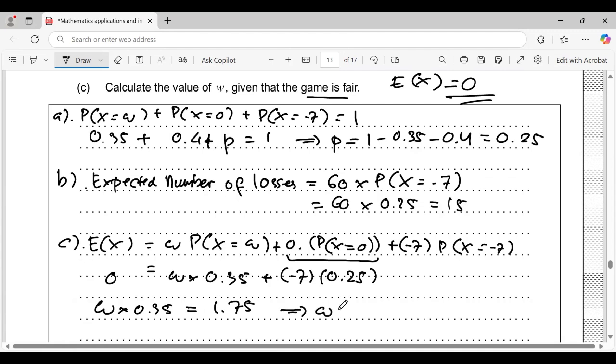So W equals 1.75 divided by 0.35, equal 5.